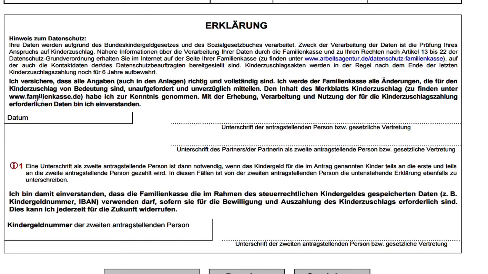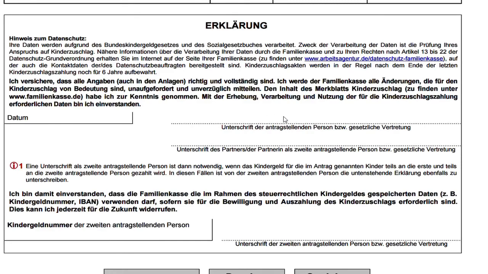And you also agree with the collection, processing, and use of your information and the information of your family for the payment of child allowance. Here you write the date on which you will send this form to the Familienkasse. Here the applicant should sign, or the legal representative should sign here.